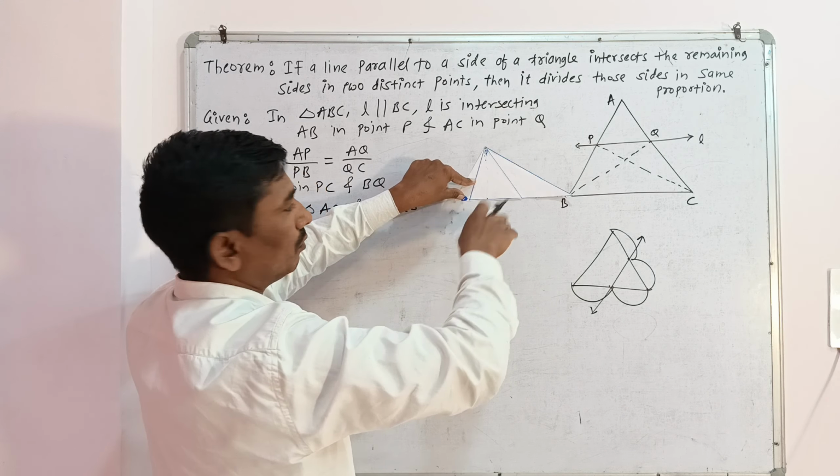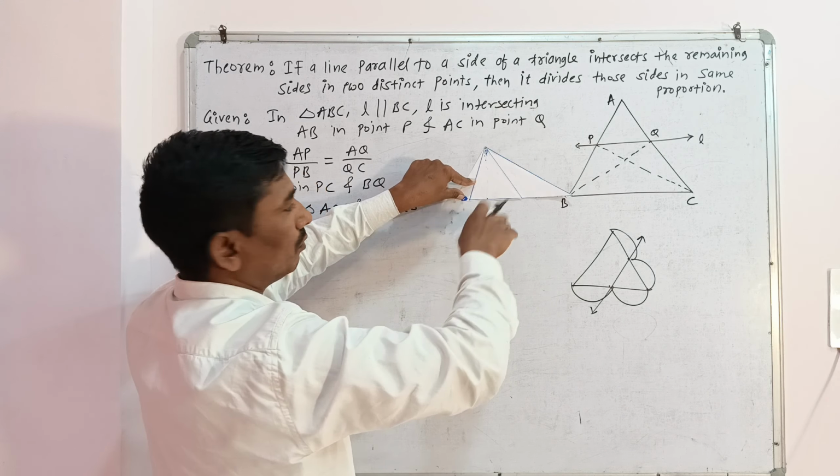So if you remember the formula for areas of two triangles, in this case, if you take the area of triangle APQ, it has its base AP and it doesn't have a proper perpendicular height. So for that you have to draw the perpendicular here.